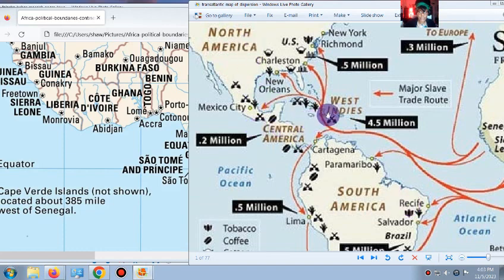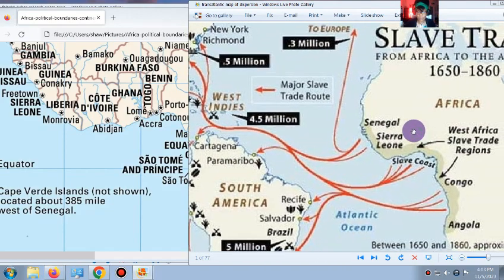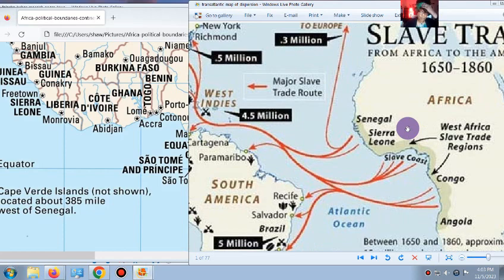The places where they concentrated were in West Africa and also Central Africa, but specifically for the transatlantic slave trade, it was West Africa.